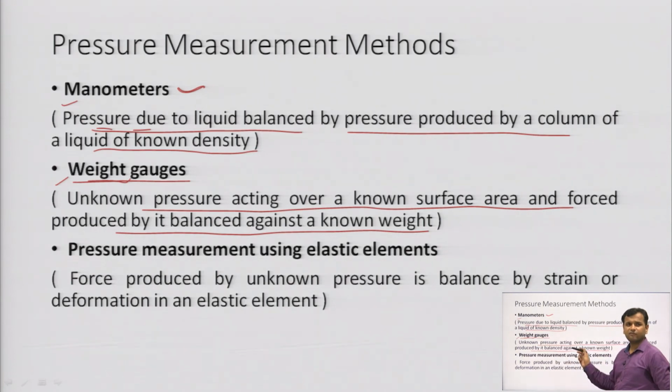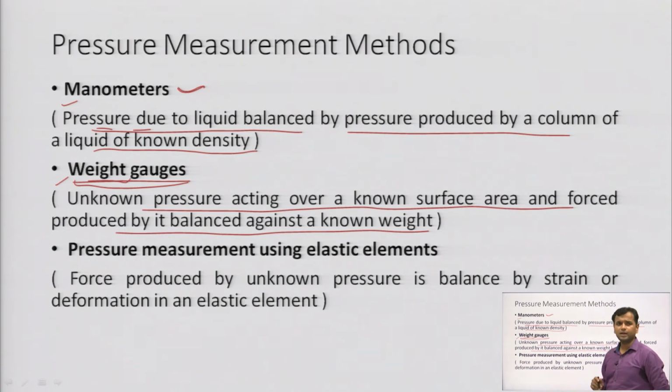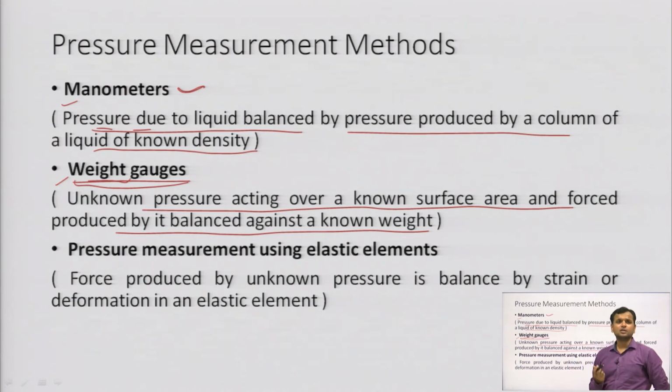Now, we will see different classifications of weight gauges, what are the various uses of weight gauges, and how they can be used in pressure measurement, because the weight will cause the pressure and the pressure is proportional to the force. So, that will exert a pressure and that can be measured with the help of weight gauges.